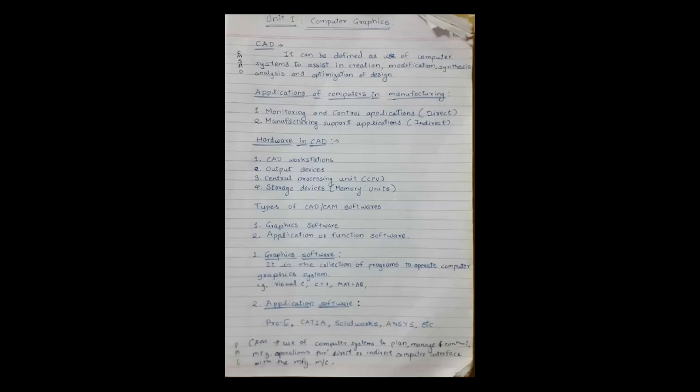Another type is application software. Whatever CAD software you are using, CATIA, Creo, SolidWorks, or ANSYS, Nastran, Abaqus, LS-DYNA, these are application software. You can make a list of n number of application software. The basic difference is that graphics software is generally used to program the application software.